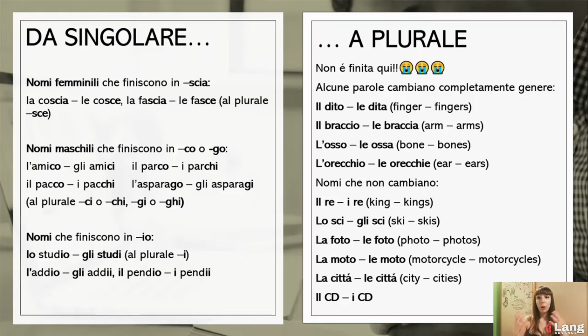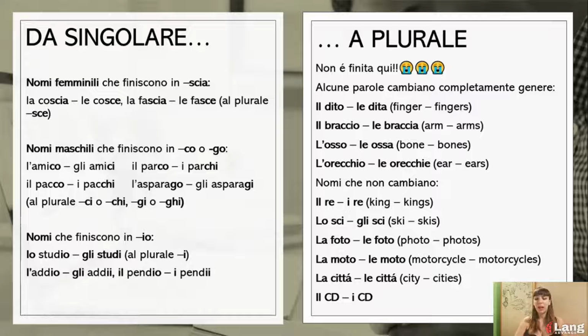Osso, bone, will also change into ossa. And orecchio, ear, will change into orecchie. So orecchio is masculine, but it doesn't change into orecchi, it changes into orecchie.